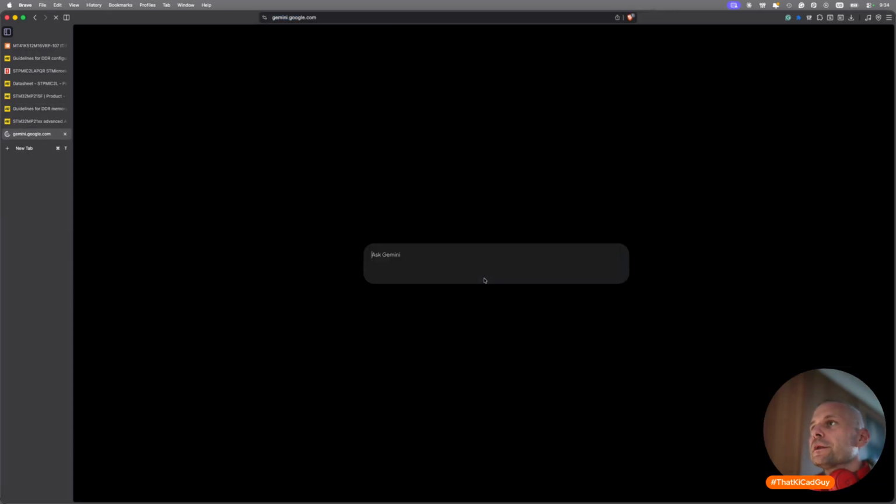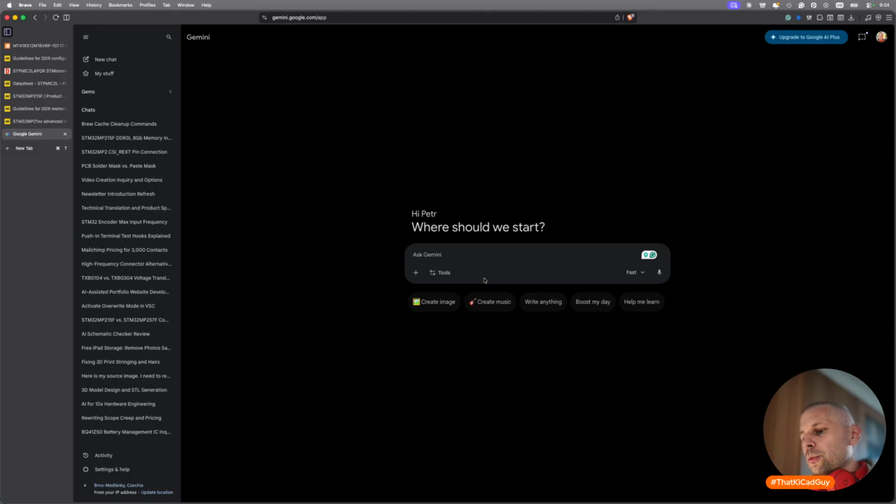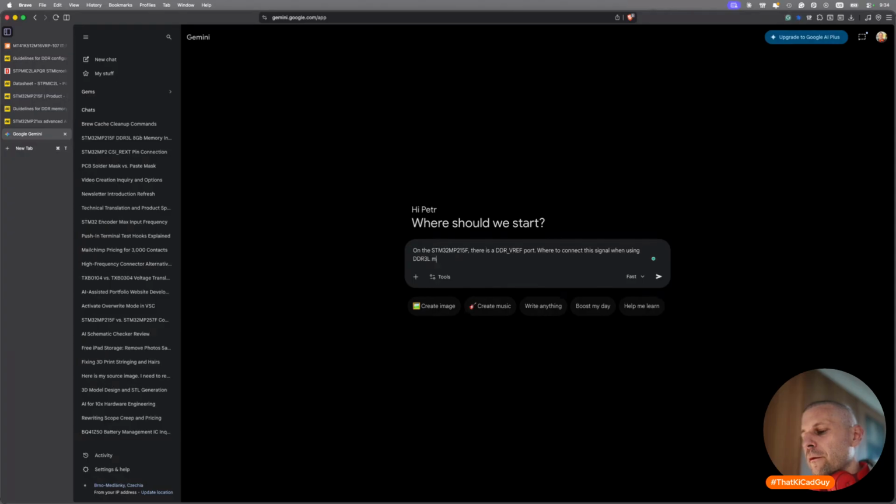Okay, let's ask. STM32MP215F. There is a DDR_VREF port. Where to connect this signal when using DDR3L module?